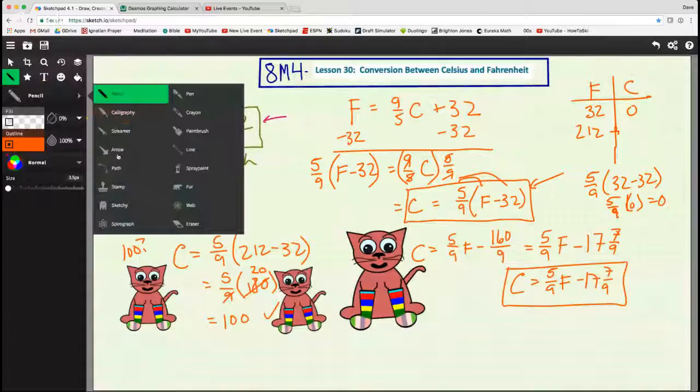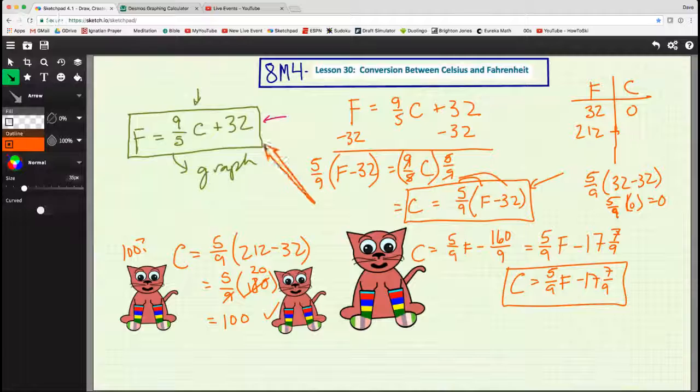And again, those equations are right here, and right here.